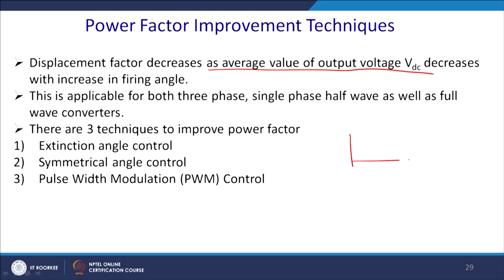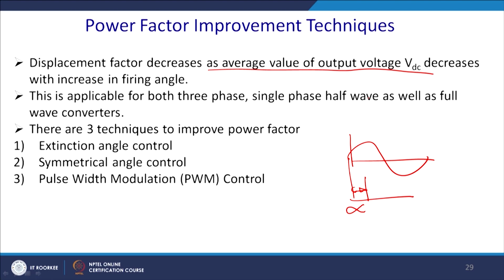You are triggering the sinusoidal waveform at an angle alpha, and if you increase alpha, the displacement angle increases and thus you get poor power factor. This is applicable to 3 phase as well as single phase, full bridge, half bridge, all kinds.